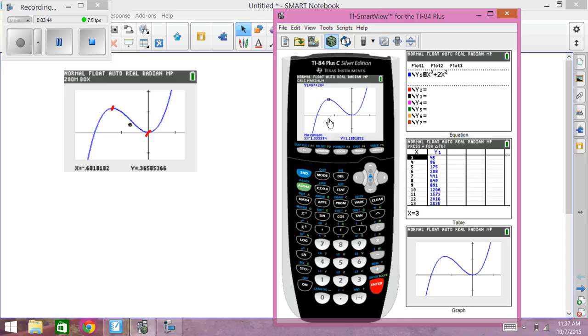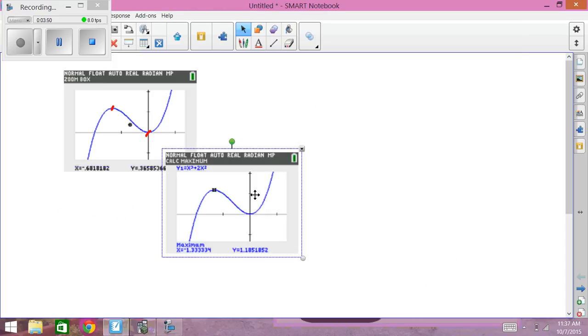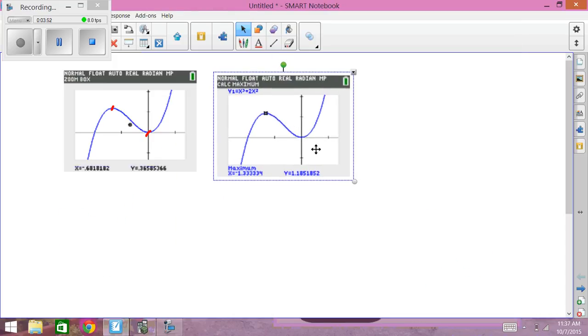It says that my maximum coordinate is negative 1.33 and 1.185.